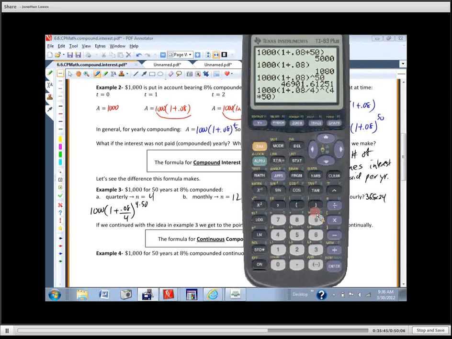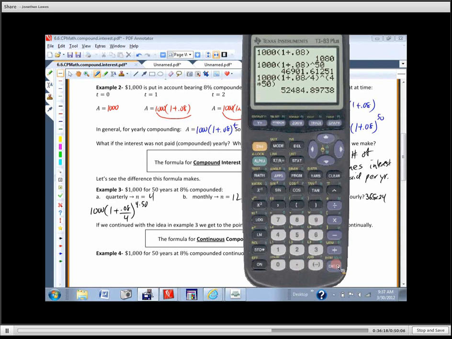It got us from $5,000 up to $47,000. So now let's have them pay us interest more often. Let's do it every quarter. $47,000 to over $52,000, another $5,000 in interest. Now notice in every case, it's still $1,000 that we put in there, and it's still 8%. The only difference is how they pay interest. Makes a gigantic difference.